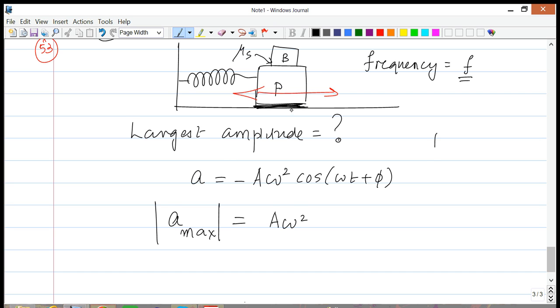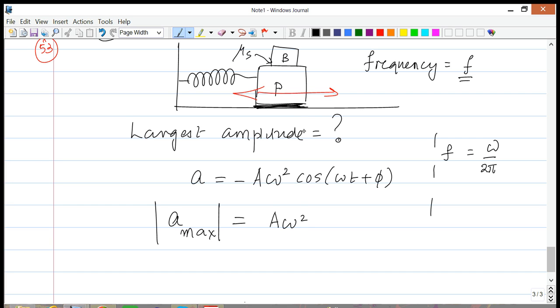Now omega itself is related to f. No, actually it's the other way around. It is f equals omega divided by 2 pi.